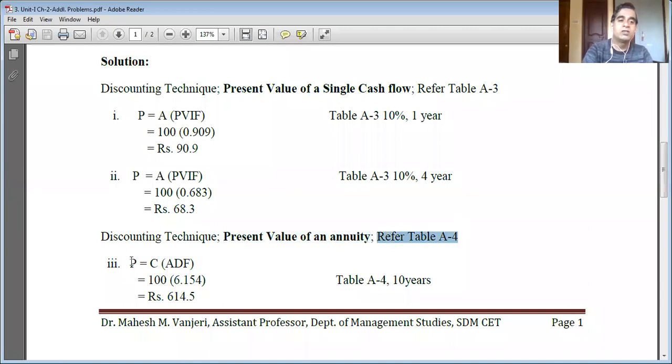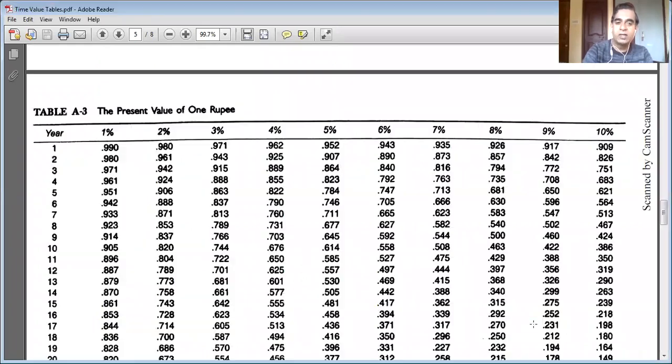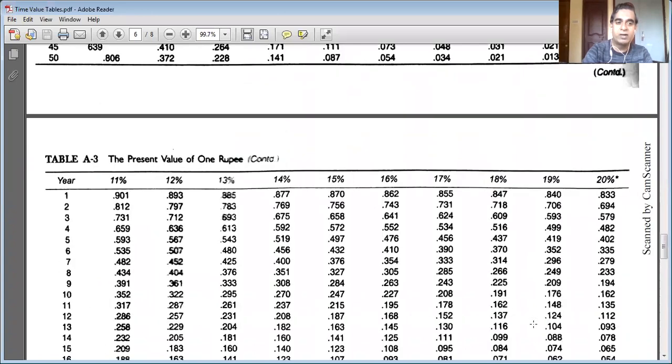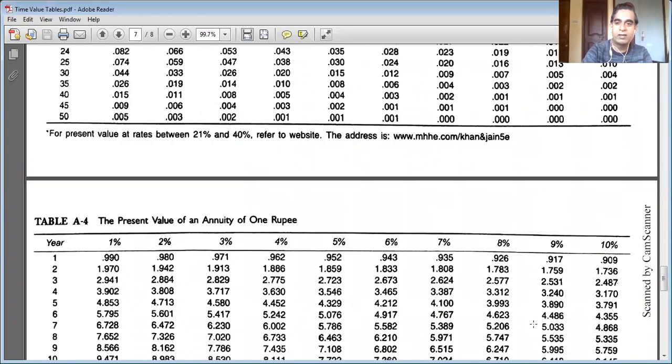The equation is P is equal to C into ADF. C is the value of the annuity, 100 rupees. ADF is the annuity discount factor obtained from table A4 for 10 years and the 10% interest column. So table A4 I will have to refer to.